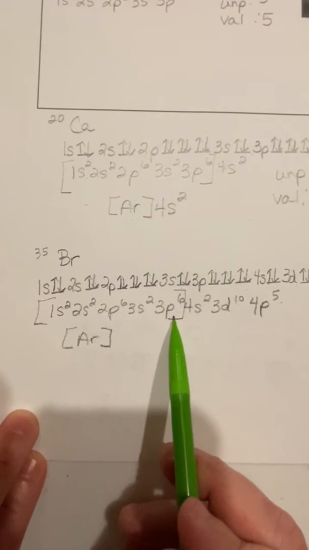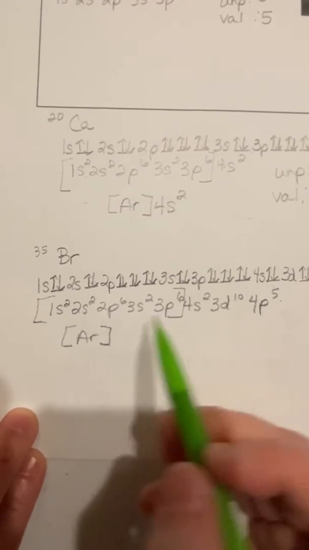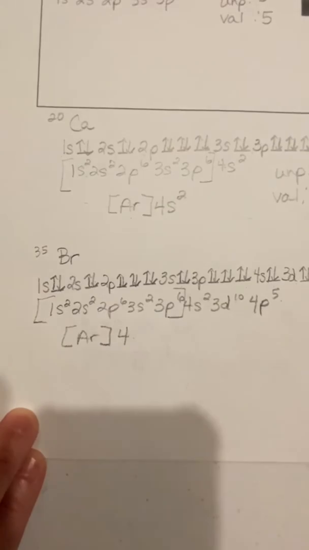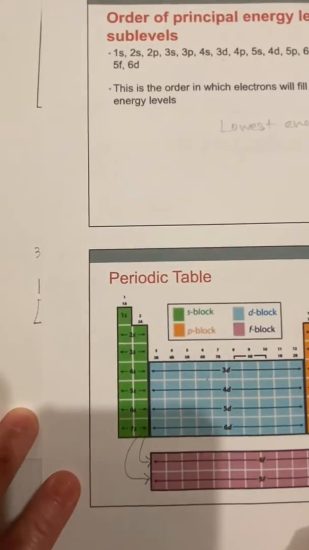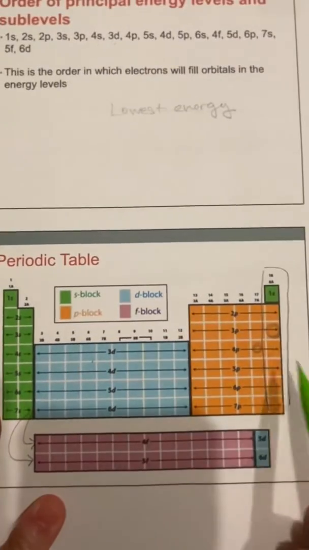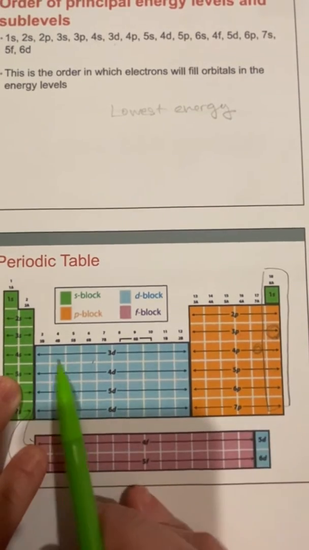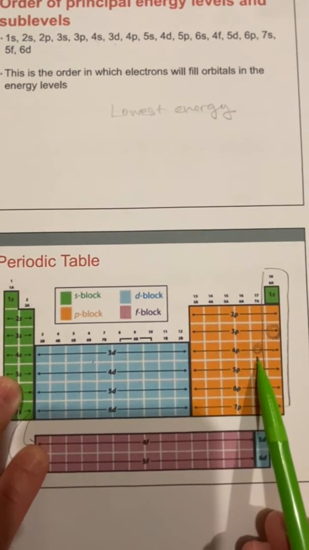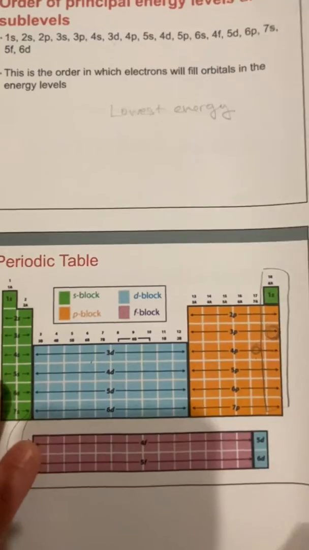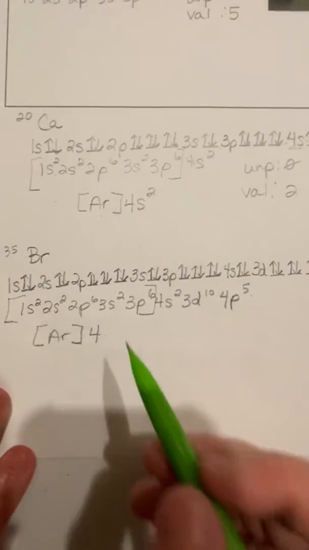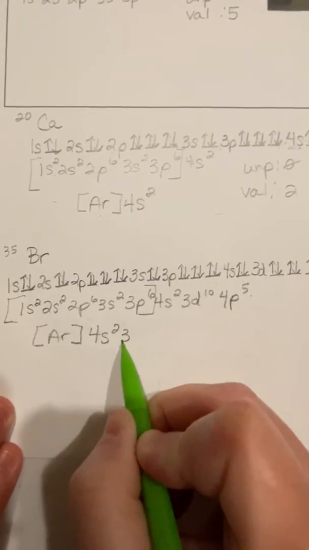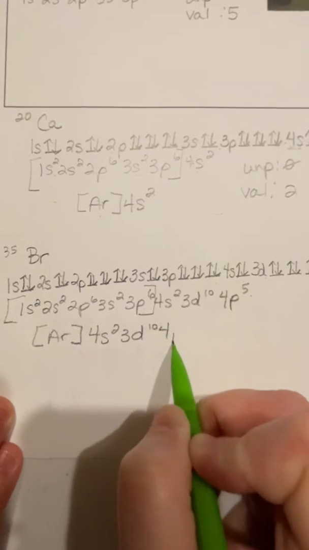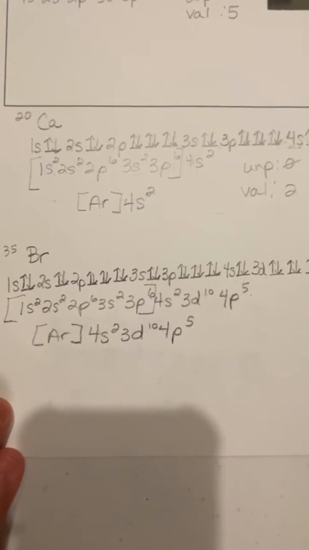So instead of writing all of that, I'm going to say argon, and then I'm going to go to the next row and fill everything leading up to the element that I'm doing. That's how you do abbreviated. So it would be argon, and then 4s2, 3d10, and 4p5. That would be the abbreviated.